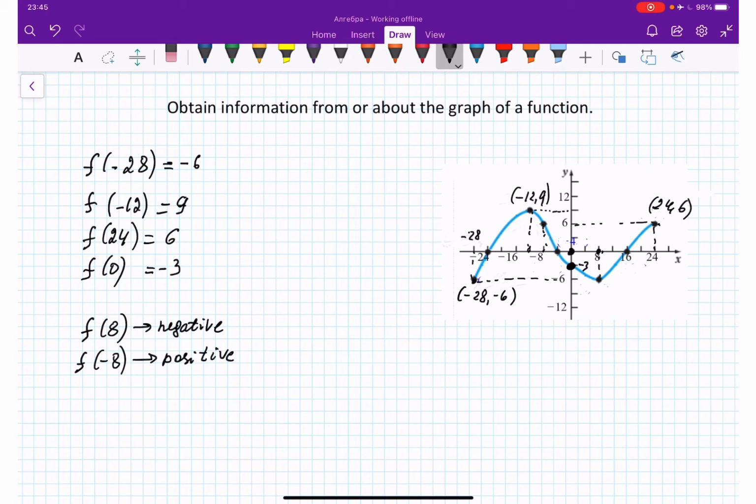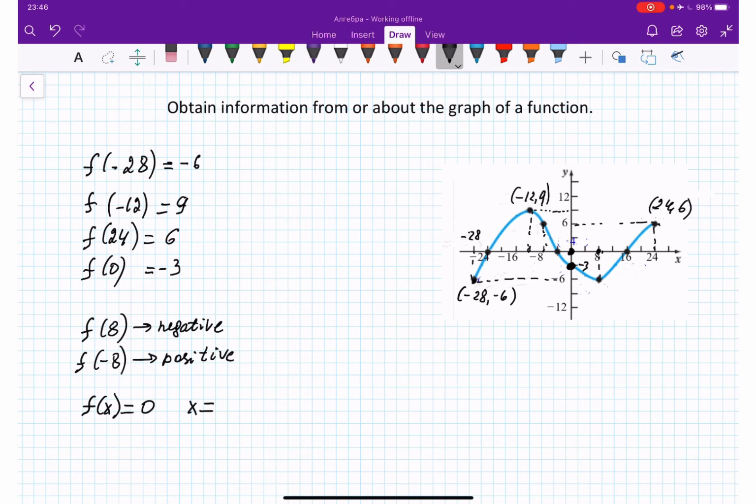Okay. Next. For what value of x, f of x is equal 0? So f of x is equal 0 for what value, when x is equal how much? Let's see.